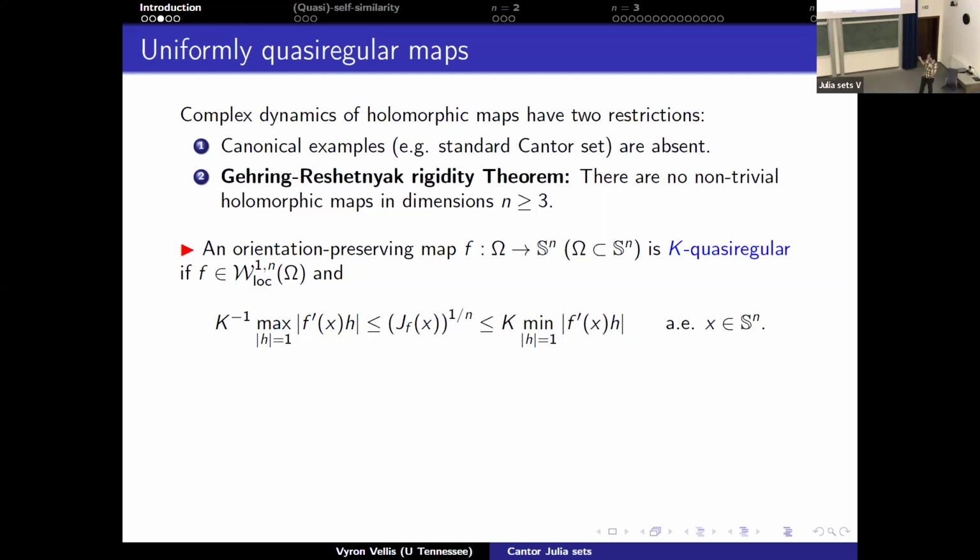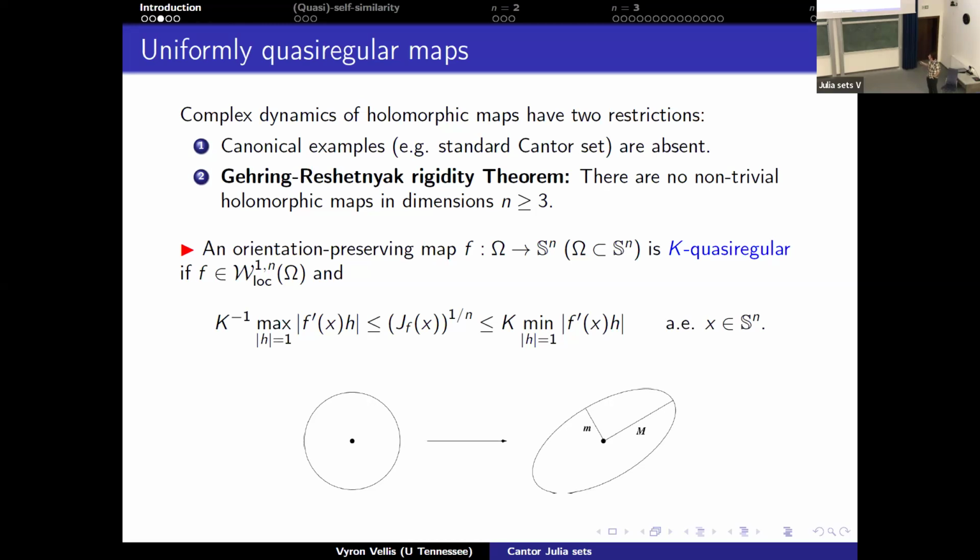And geometrically, what this condition says is, so let me put the picture. Take an infinitesimal ball, a ball of very small radius, and then it's mapped into something like that. What I have on the left-hand side is the biggest possible stretch, which would be capital M. And what I have on the right-hand side is the smallest possible stretch, which is little m.